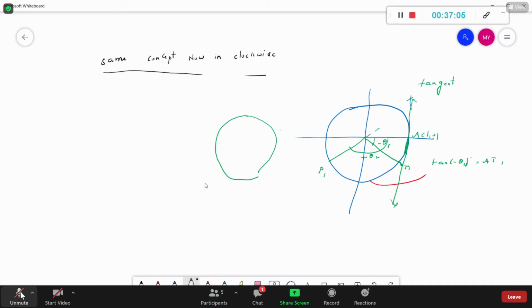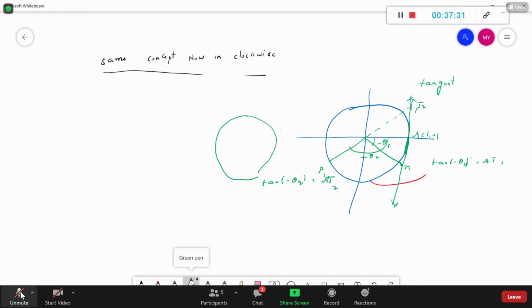So this T2 gives tan of minus theta 2, that length is AT2.